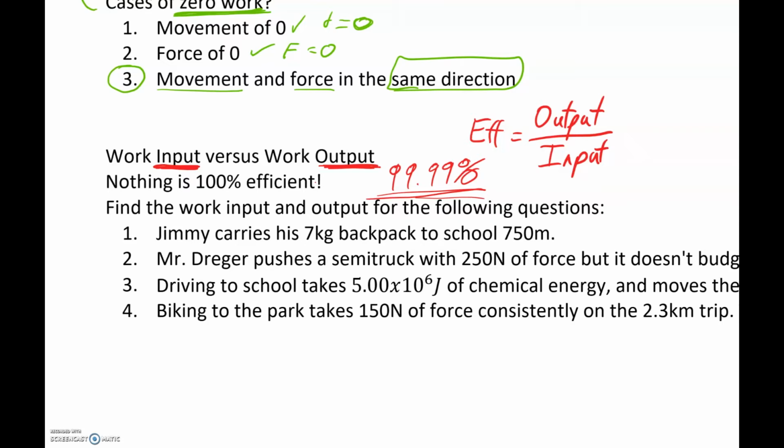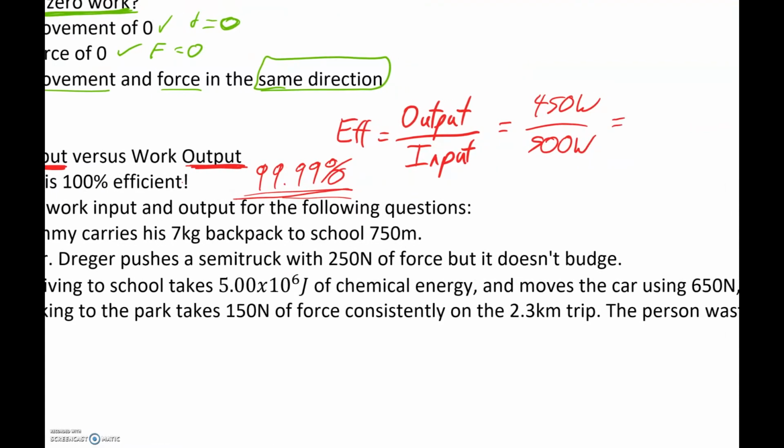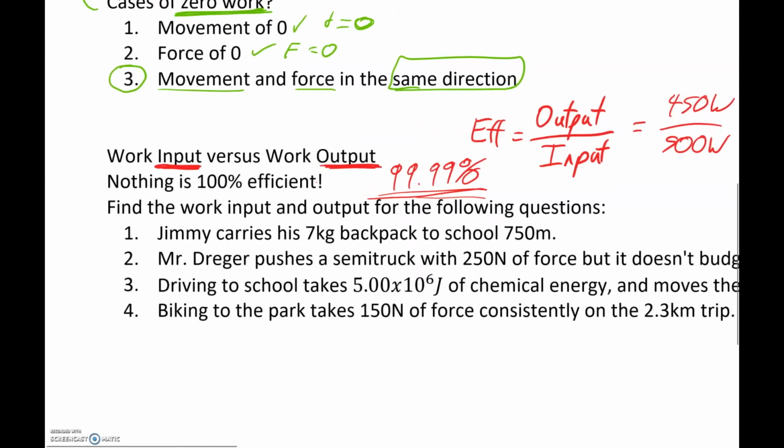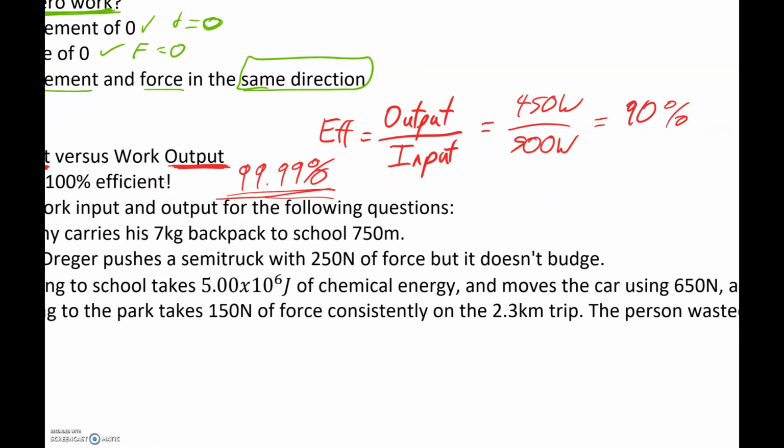Let's go with 500 watts. They're using up 500 watts coming out of the wall, but if they only output 450 watts of actual heat, then you can calculate the final percent efficiency. That would be 90% efficiency.